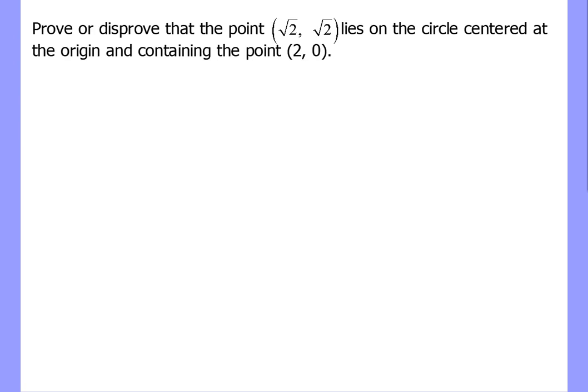So let's take a look at an example. It says: prove or disprove that the point square root 2 lies on the circle centered at the origin and containing the point 2, 0. So let's think about this.